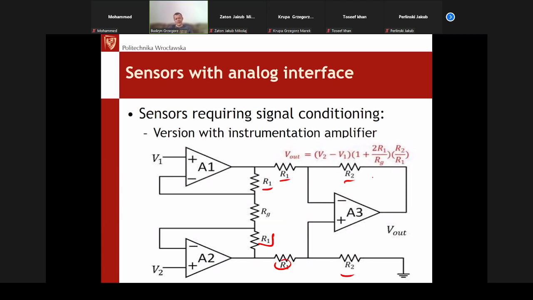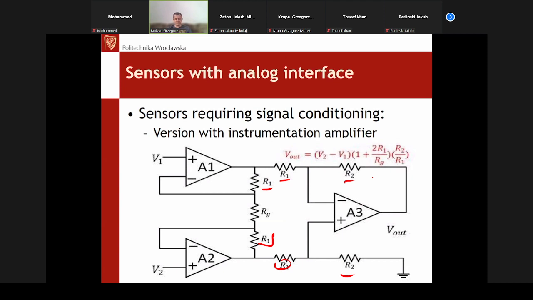In case of single chip solutions, it's done for us, so we pay, but we get an instrumentation amplifier with the proper settings. Sometimes you can drive these manually, so some instrumentation amplifiers have R1 or R2 available on pins that you can modify.